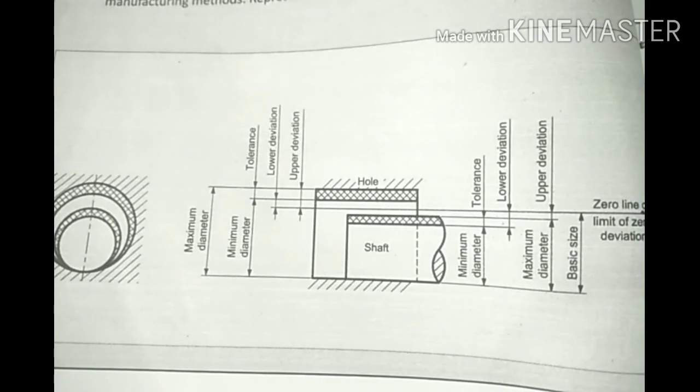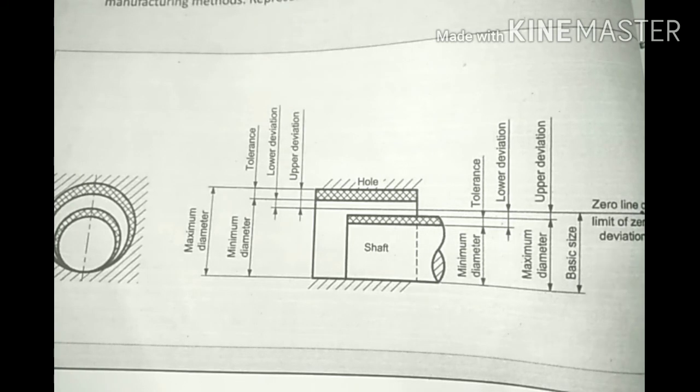Then deviations. Deviation means the amount by which the actual size of the component deviates from its basic size. Basic size suppose 20 and the component is made 20.03. So 0.03 is the deviation. Or basic size is suppose 20 and the actual manufactured component is 19.99.